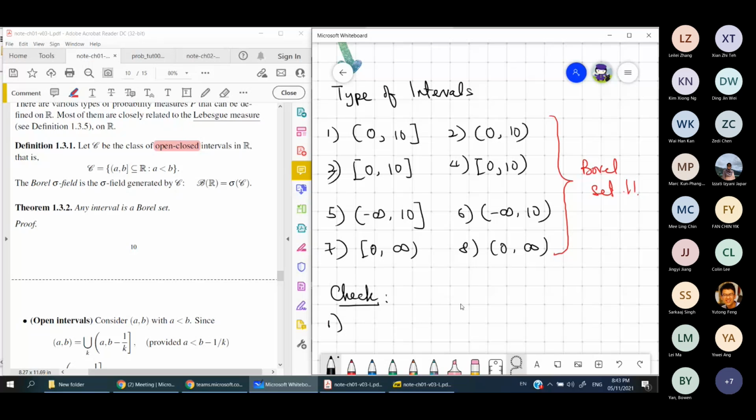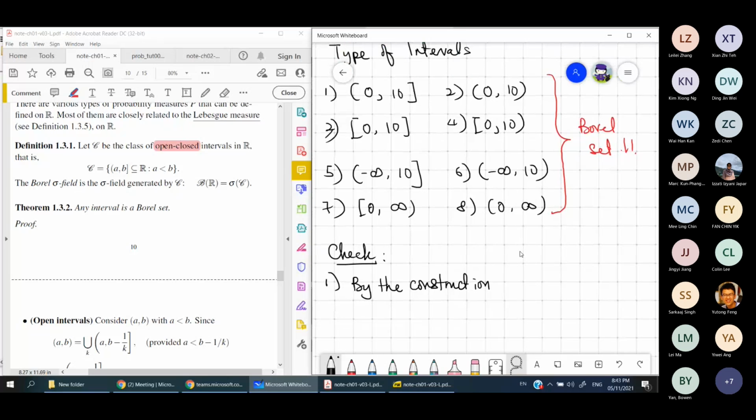The reason is by the construction, because B is generated by all open-closed intervals.